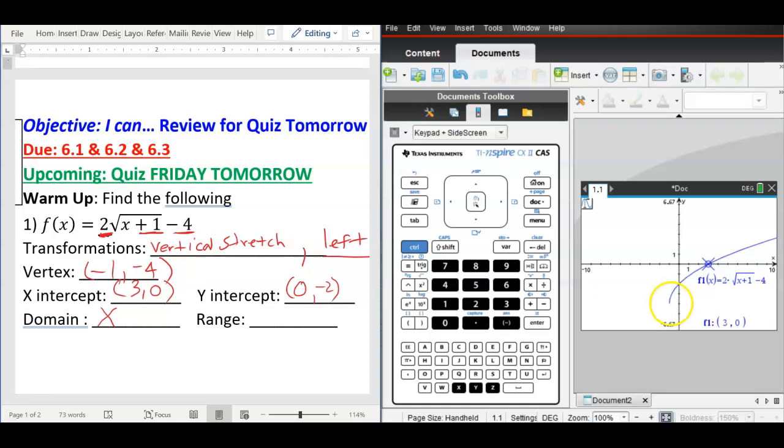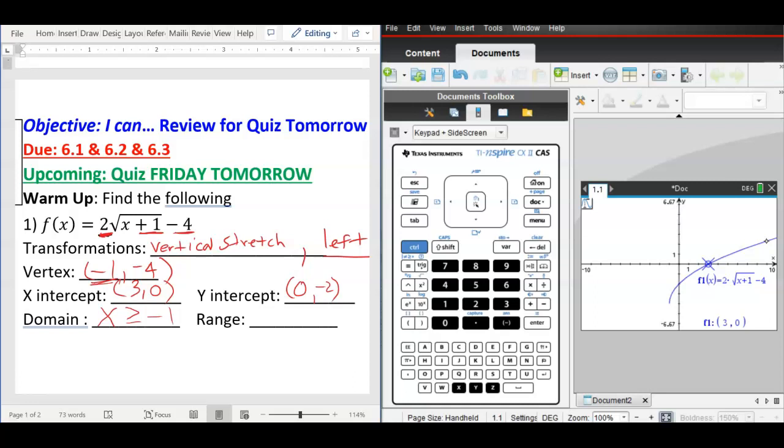So it starts at what x value? What's the x value right here? -1. That's the vertex x value. And it goes to the right forever. So x is greater than or equal to -1. That's one way you could write it. What's another way to write it?